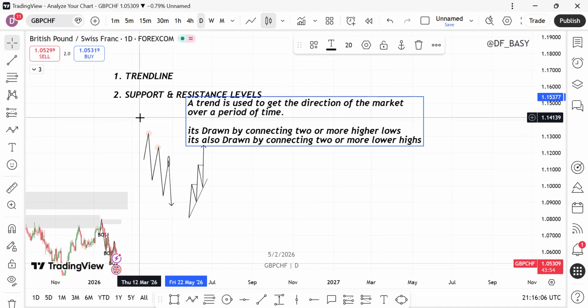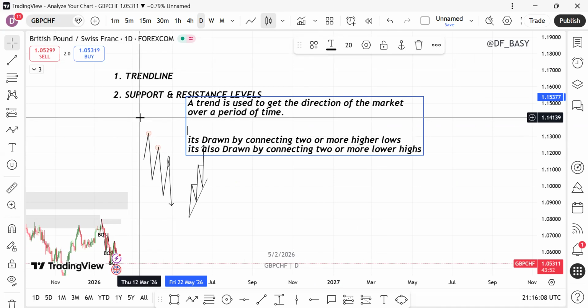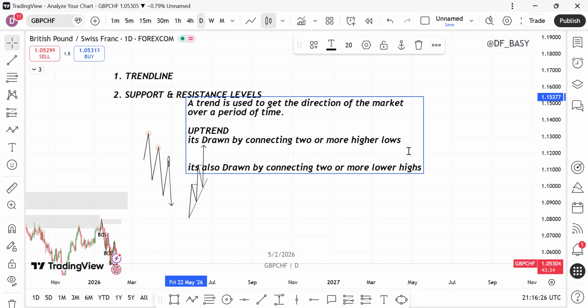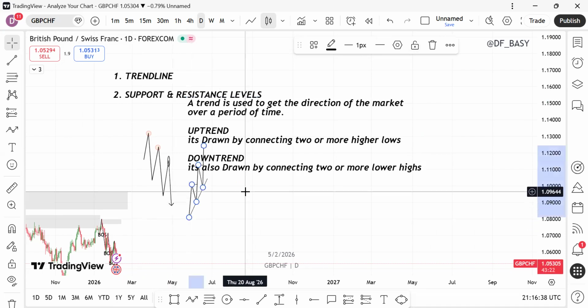For an uptrend, and hopefully you guys know what an uptrend is, an uptrend is a bullish market. In an uptrend, it's drawn by connecting two or more higher lows. Then in a downtrend, it's drawn by connecting two or more lower highs.